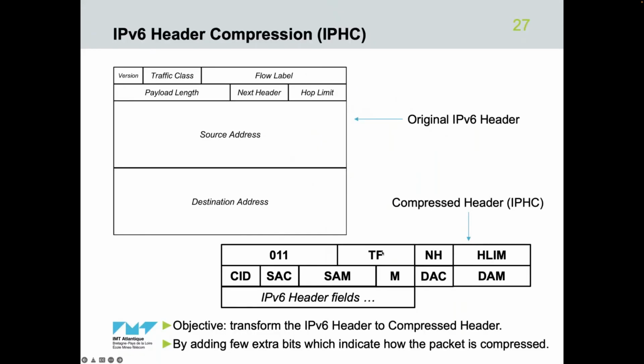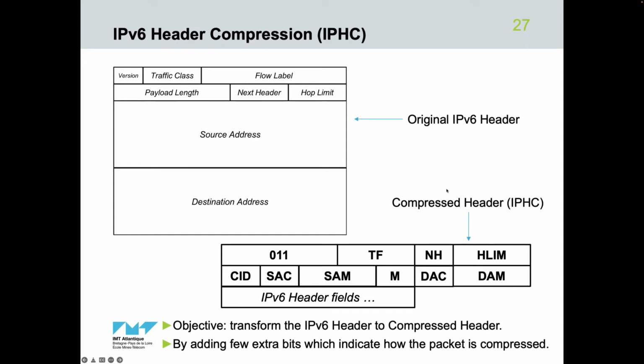Now, as you can see here, the main goal of the 6LoWPAN compression mechanism is to take the original IPv6 header, so these 40 bytes here, and add a few bits which indicate how the original IPv6 header is actually compressed. So these additional bits that are added form what is called the compressed header, or the IPv6 header compression, IPHC.